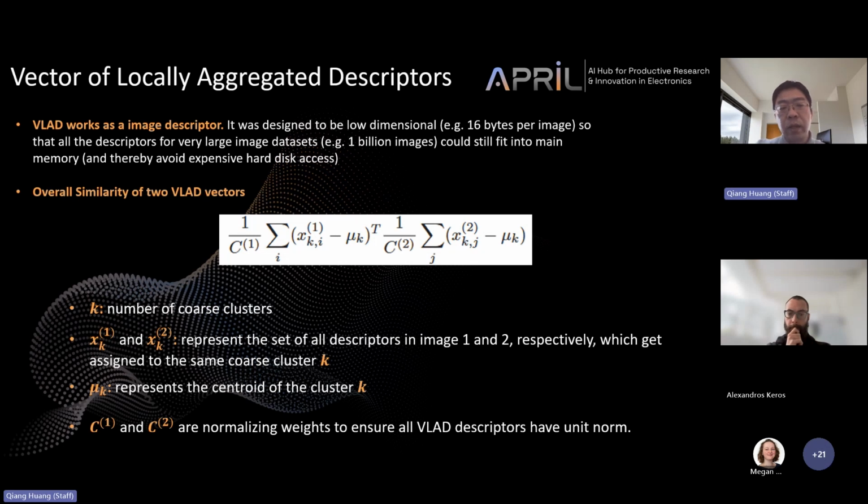C1 and C2 here are normalizing weights to ensure all the VLAD descriptors, I mean the image descriptors, have unit normalization. Actually the mu_k, C1 and C2 parameters will be optimized by the neural network itself.